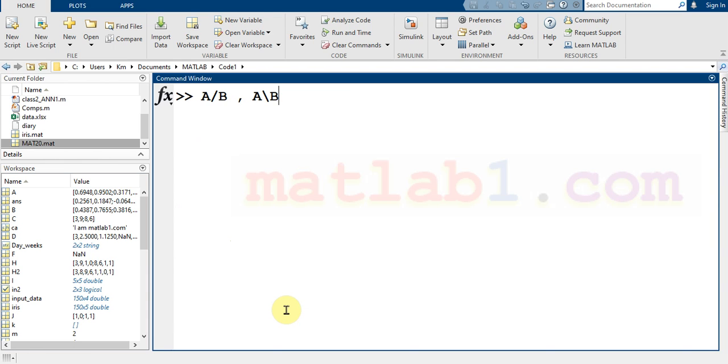There is a difference between these two in MATLAB.